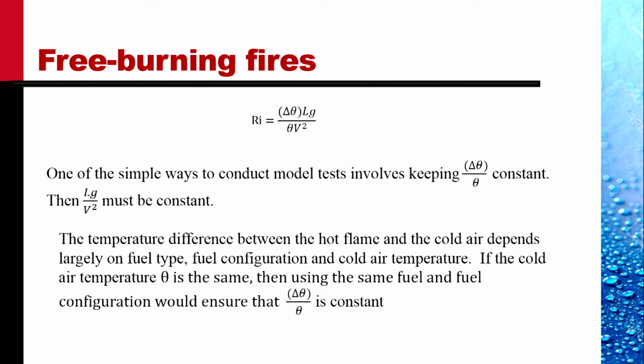The temperature difference between a hot flame and the cold air, that is Δθ, depends largely on fuel type, the fuel configuration, and the cold air temperature. If the cold air temperature θ is the same, then using the same fuel and fuel configuration, we can show that Δθ by θ is a constant. And if that is so, then Lg by V squared would be a constant.